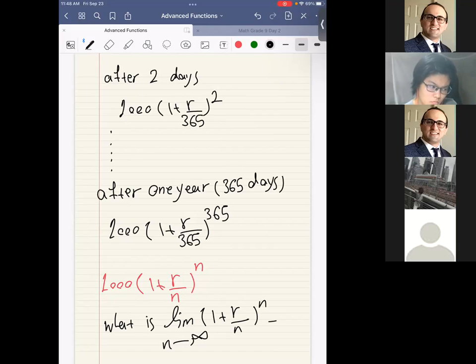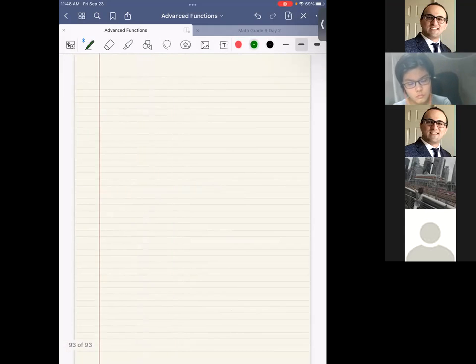It turns out that this is equal to e to the power R, where e is this irrational Neper number. So the bottom line is that one way to define the number e is this limit: 1 plus 1 over n to the power n, when n goes to infinity, is equal to e.